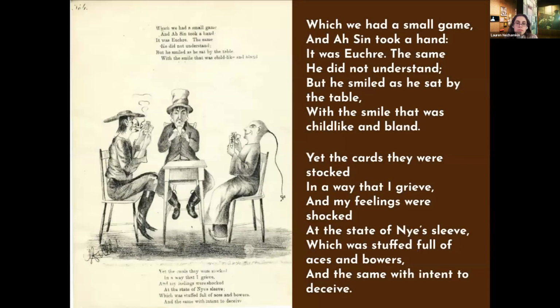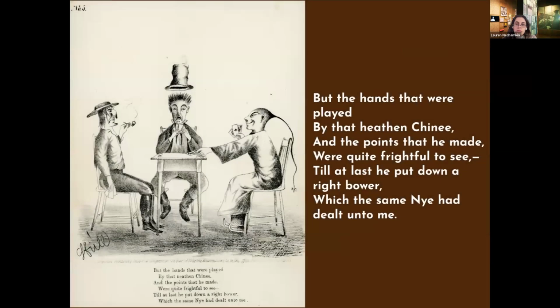Ah Sin took a hand. It was euchre, the same he did not understand, but he smiled as he sat by the table, with a smile that was childlike and bland. Yet the cards they were stocked in a way which I grieve, and my feelings were shocked at the state of Nye's sleeve, which was stuffed full of aces and bowers, and the same with intent to deceive. But the cards that were played by that heathen Chinese, and the points that he made were quite frightful to see, till at last he lay down a right bower, which the same Nye had dealt unto me.